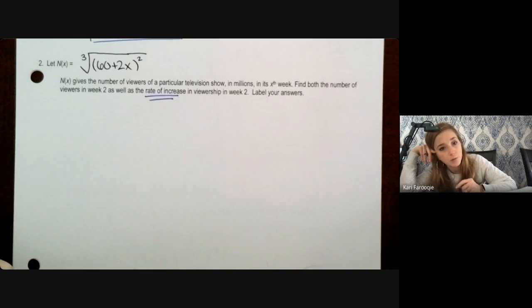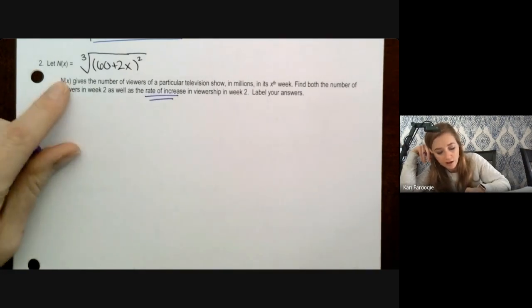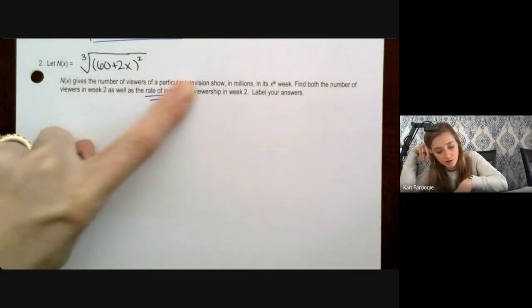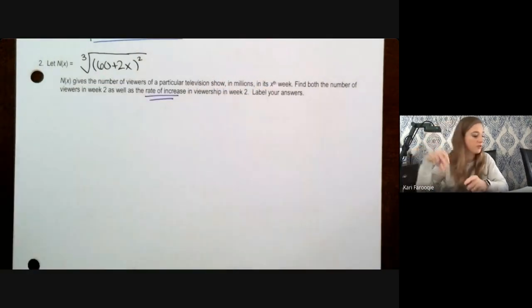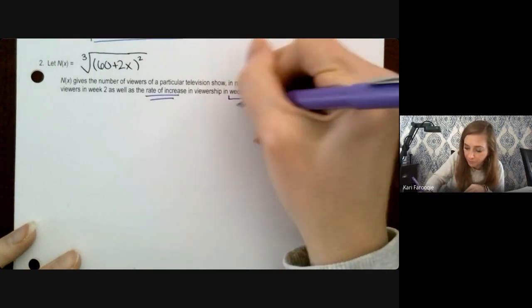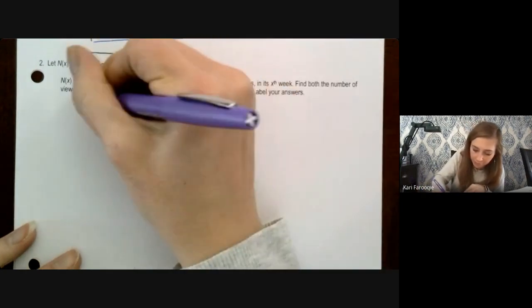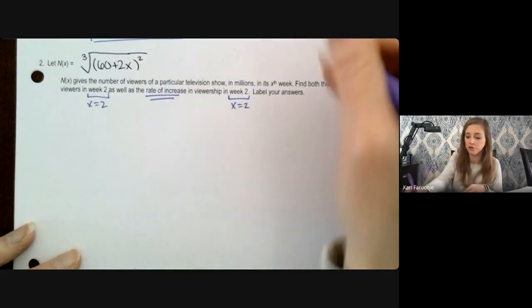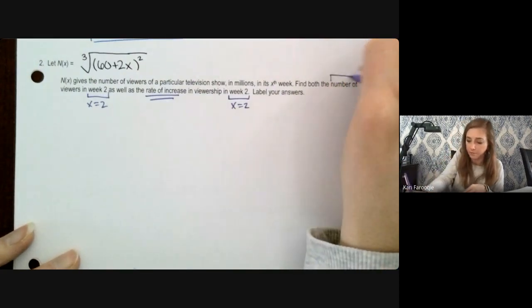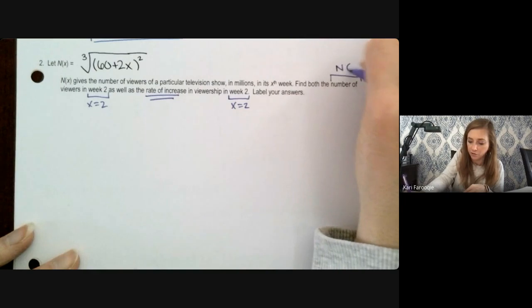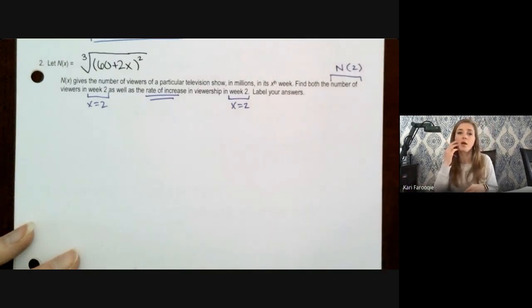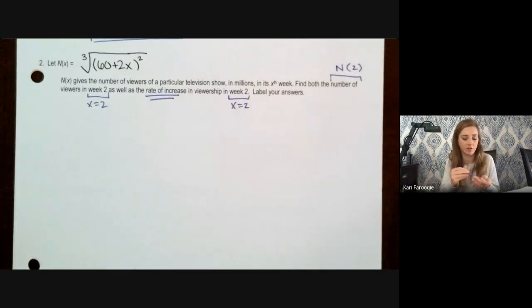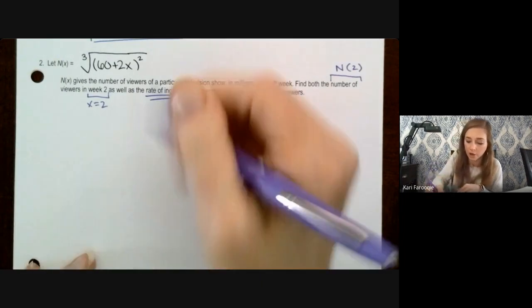One, find the number of viewers in week 2. Well, n of x gives the number of viewers in the x week. So in this case, we're looking at x equals 2. So I'm looking for two things. The number of viewers is n of 2. And then the rate of increase is going to be n prime of 2.